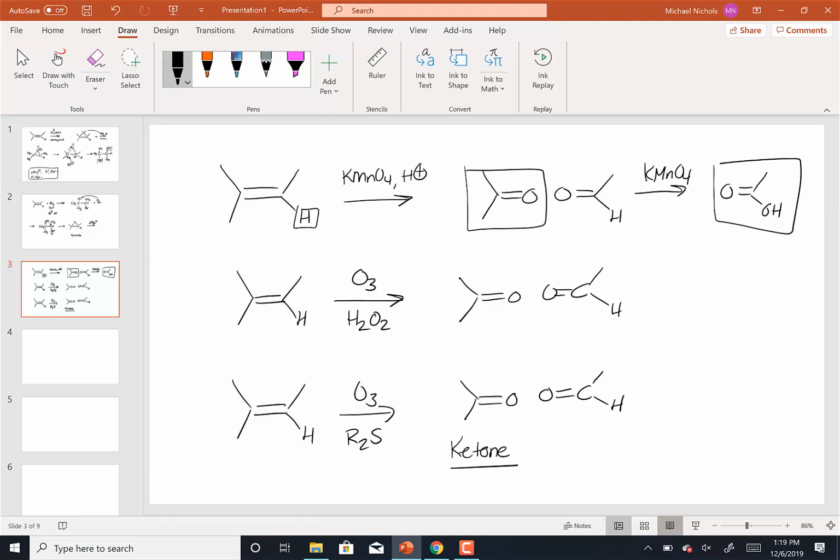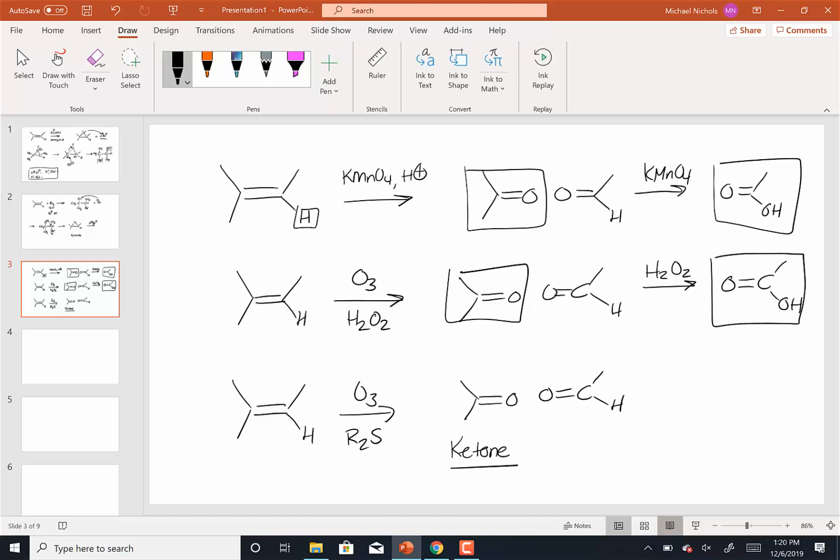Aldehydes are also oxidized to carboxylic acids by peroxide. So in the case of using ozone and peroxide, any aldehydes that were formed would be oxidized up to carboxylic acid as well.